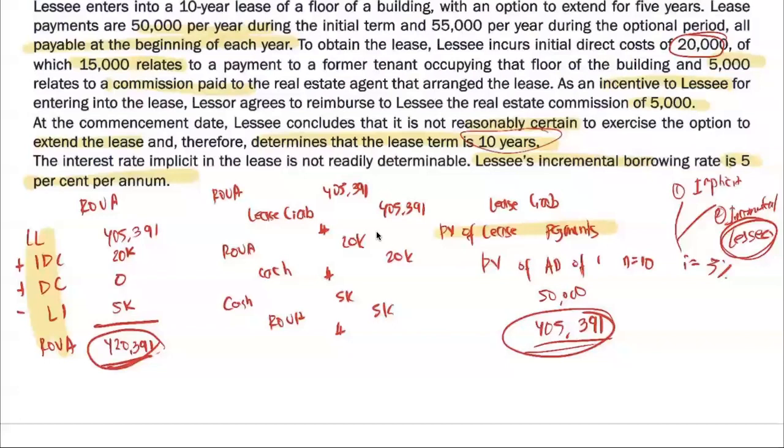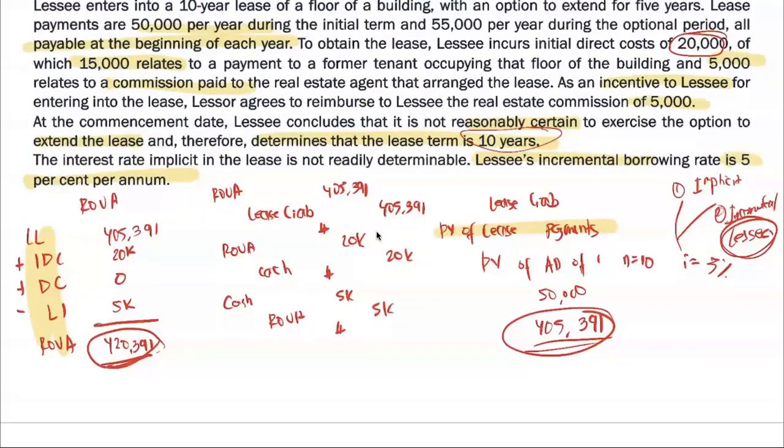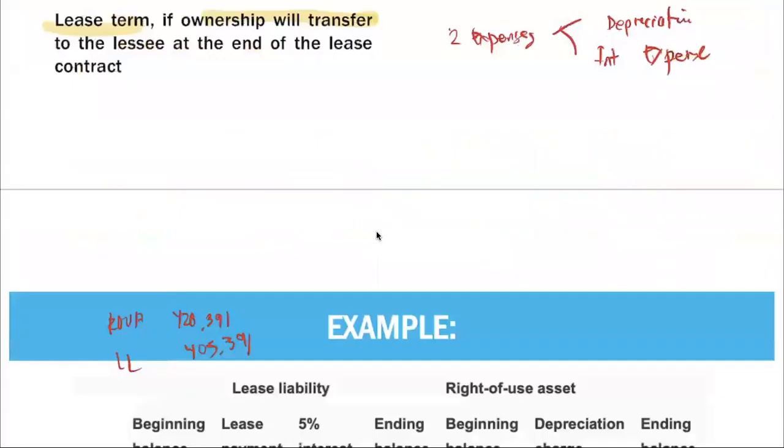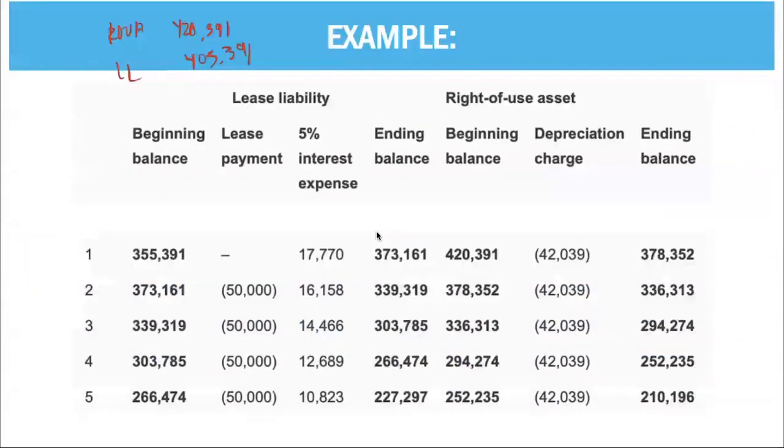We measure our lease liability initially at 405,391 and our right of use of asset at 420,391. So on your year zero, the beginning balance is 405,391. However, since we pay at the beginning of the period, we pay the 50,000 initially. What is left now is 355,391.